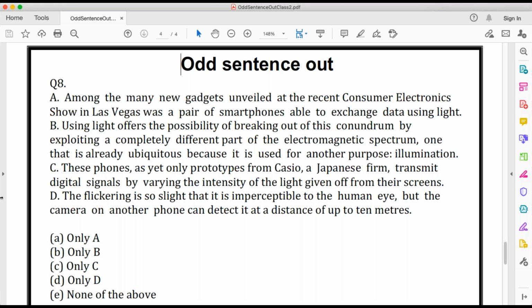Read it carefully once again. See if you want to change your answer. This is an easy one. Some of you are making mistakes. I don't want any one of you to make a mistake. Read it again.